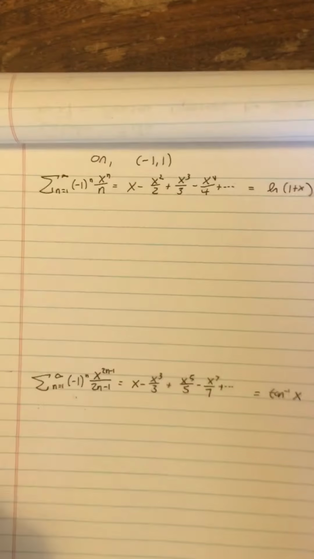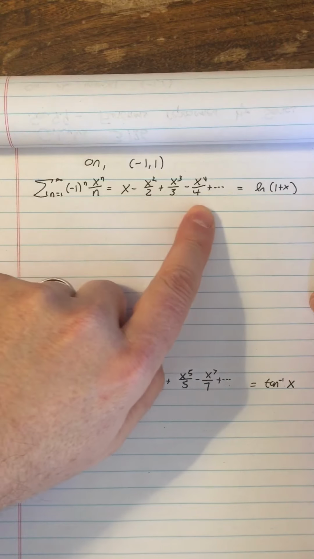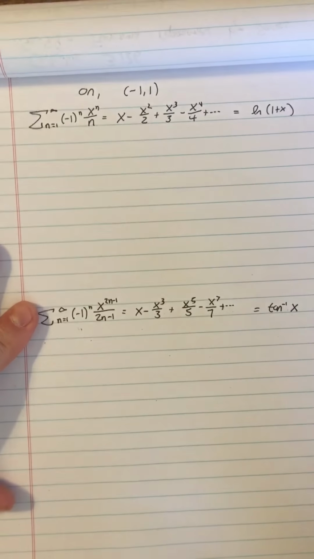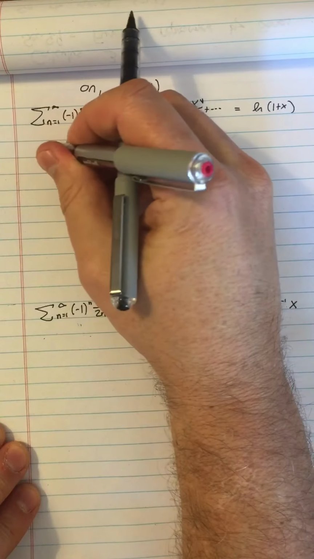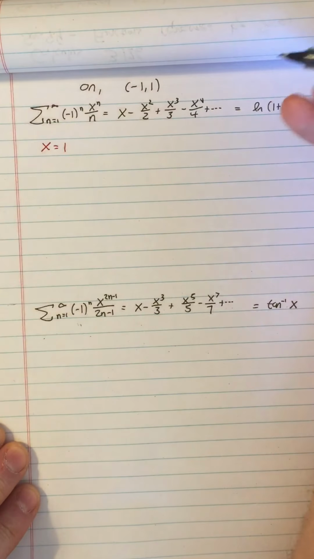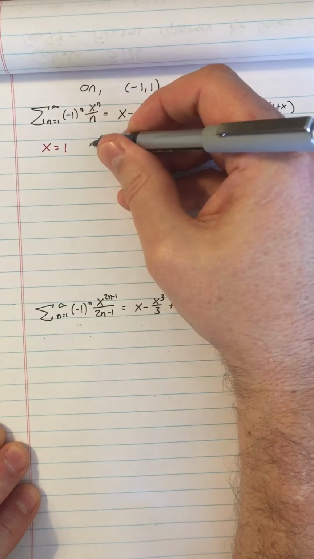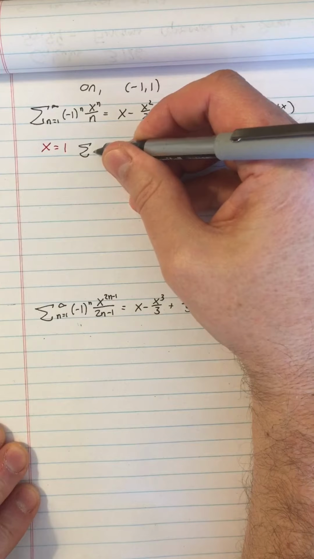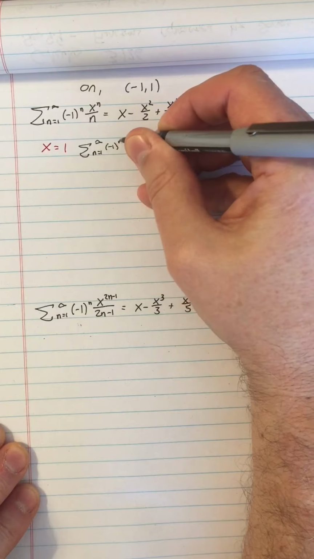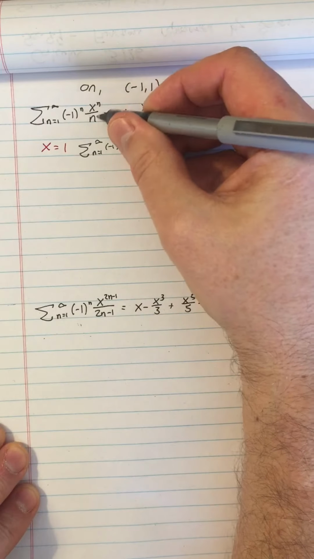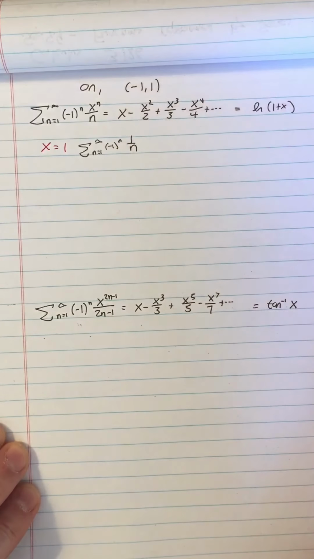But this one, because of the denominators now, what happens if x equals 1? Then what I have is the sum from n equals 1 to infinity of negative 1 to the n times 1 to the n over n, which is just 1 over n.